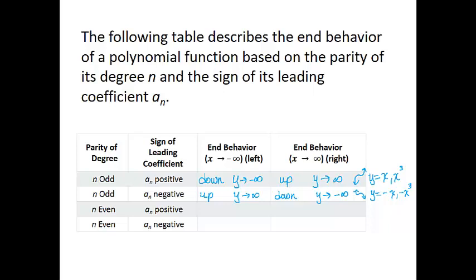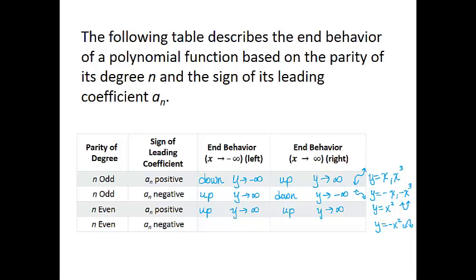If n is even and we have a positive leading coefficient, think about y equals x squared, then the graph will go up to the left and up to the right. So as x goes to negative infinity, y will go to infinity. As x goes to infinity, y goes to infinity. If we have an even degree with a negative leading coefficient, think of y equals negative x squared.